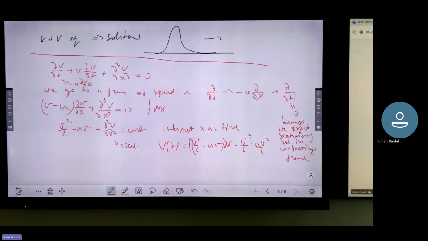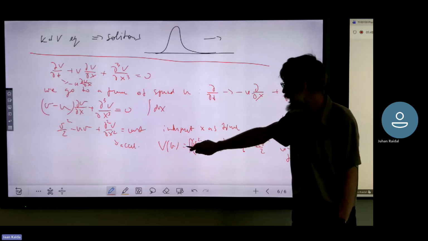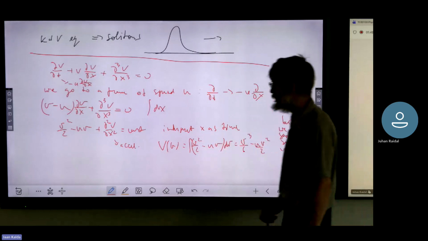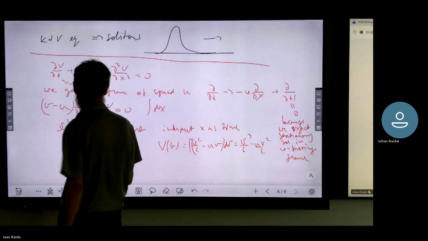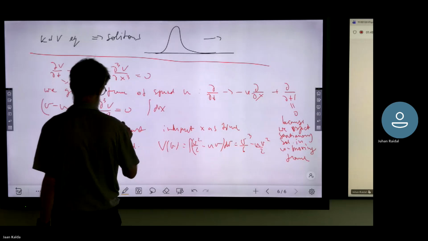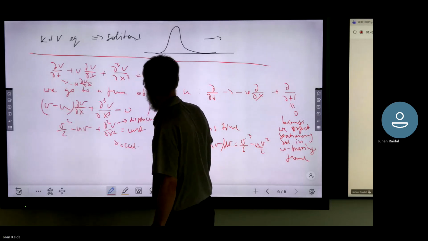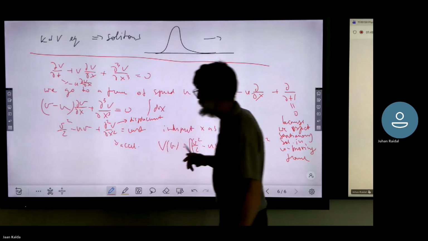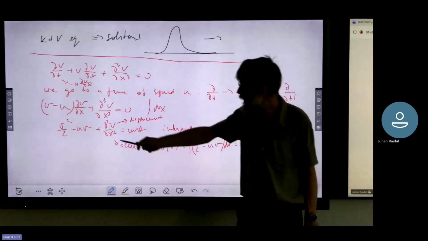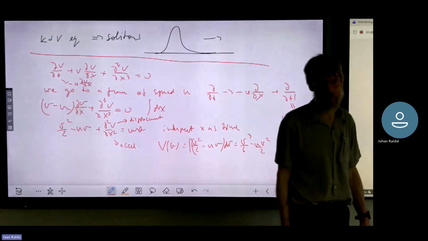Then we have a particle in a potential, and v is the displacement of the particle. Acceleration is the gradient of the potential.